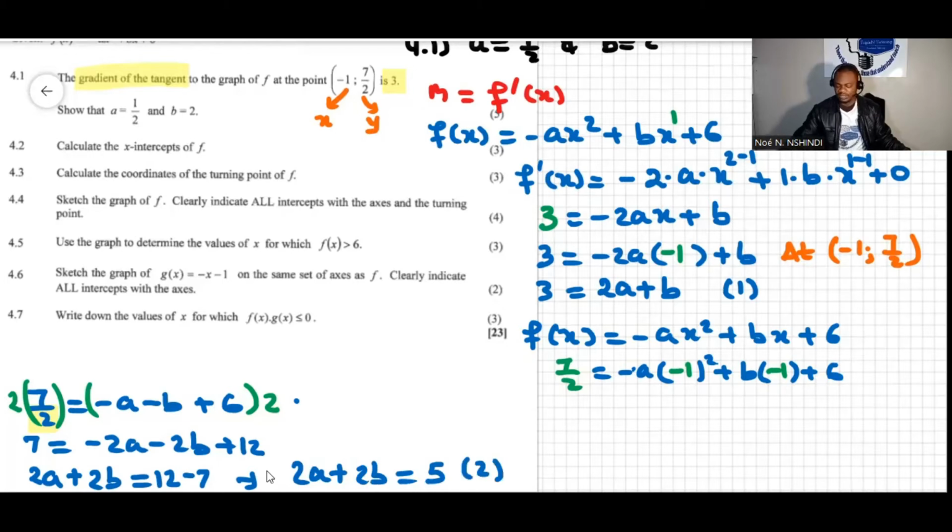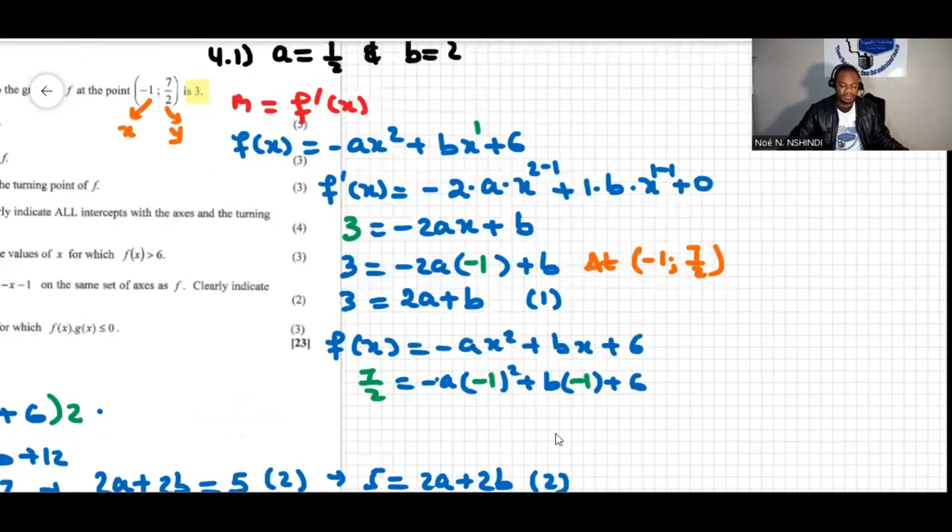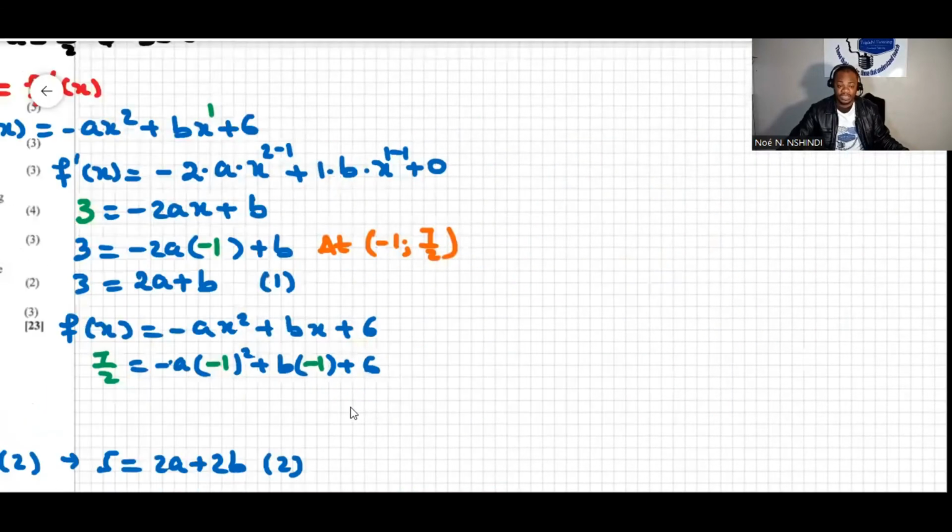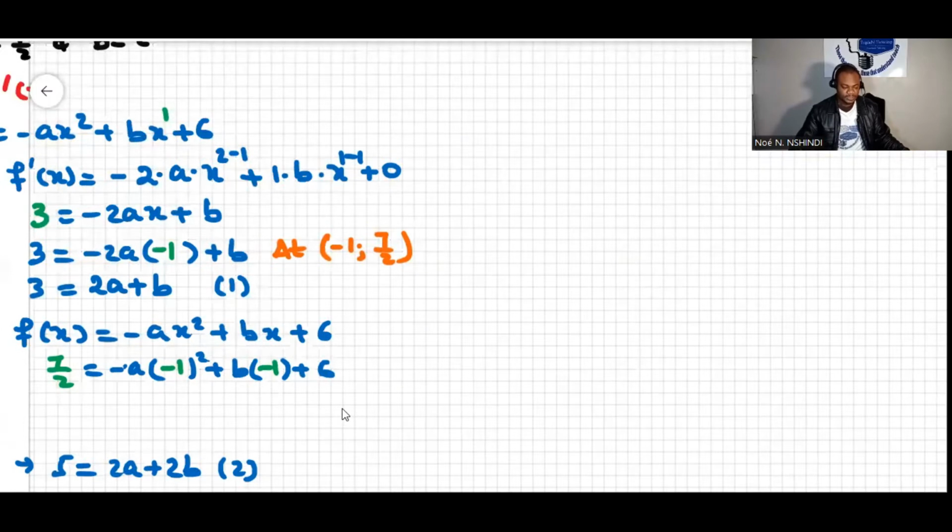But now see how my equation 1 was written. I want to do the same also with this, so I can just reverse the order. So this is the same as saying 5 equal to 2a plus 2b. Now this is equation 2. Then I can combine the two equations because they have the same variables.